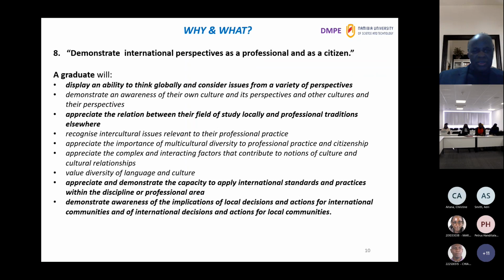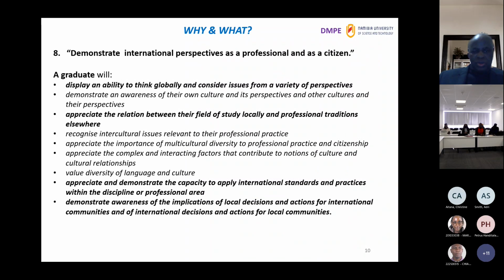Lastly, but not the least, the graduate who has the world at large in their focus should be able to display the ability to think globally and consider issues from a variety of perspectives.